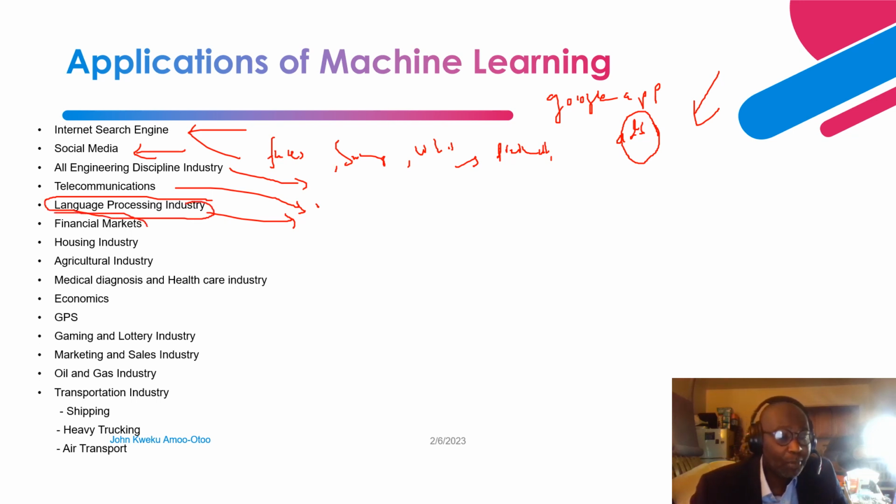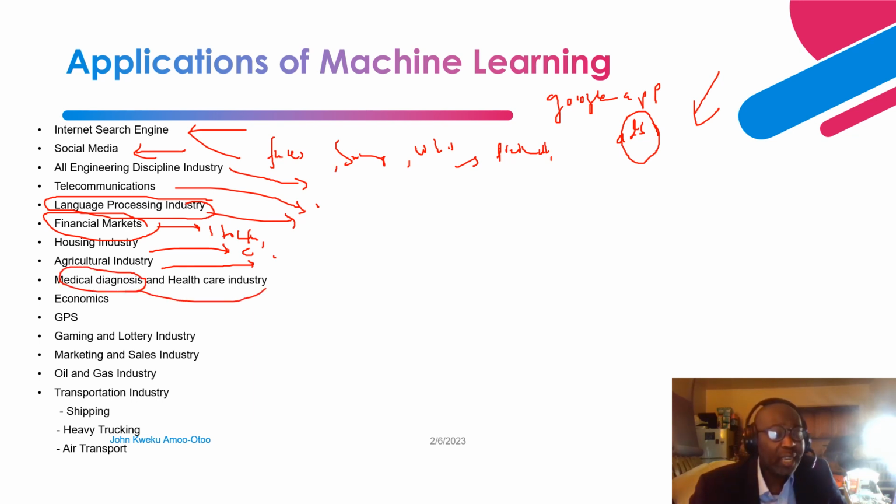The financial markets, stocks, the housing industry, construction industry, the agriculture industry, medical diagnosis. It basically keeps all data in the past for, let's say, 50 years and is able to test the data, to predict and give you a diagnosis.